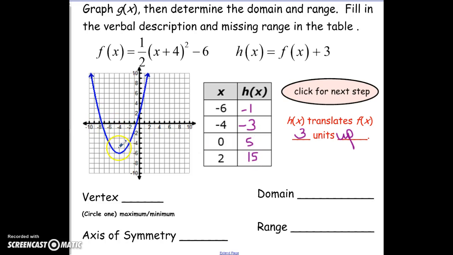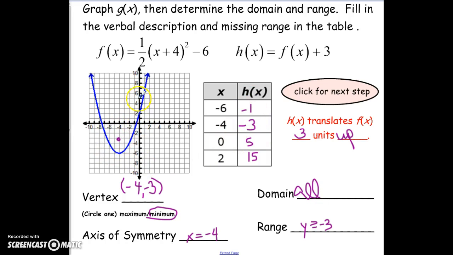The vertex that was at -4, -6 is going to move 3 units up and will be at -4, -3, which is displayed in my table. It's still a minimum. The axis of symmetry is x equals -4. The range is now y is greater than or equal to -3. Domain is all real. And I can plot some of these other points.